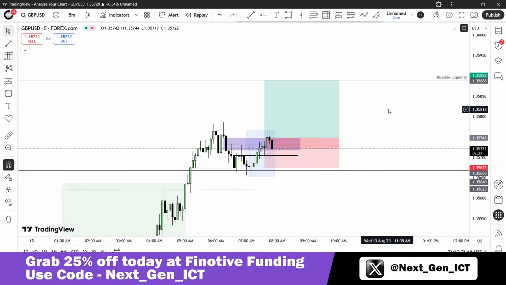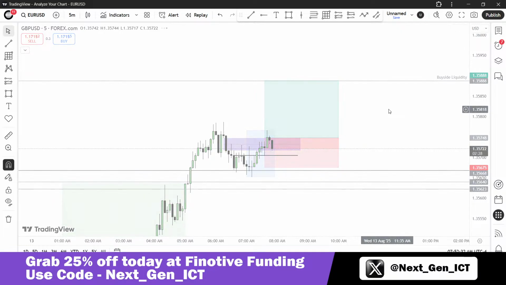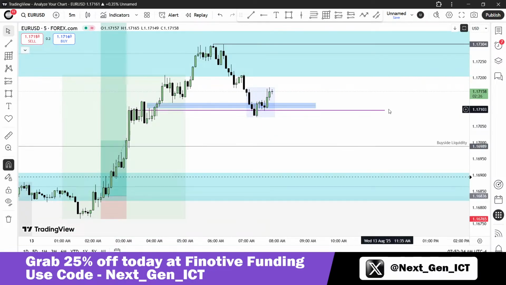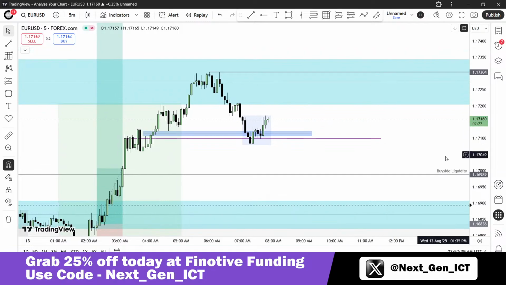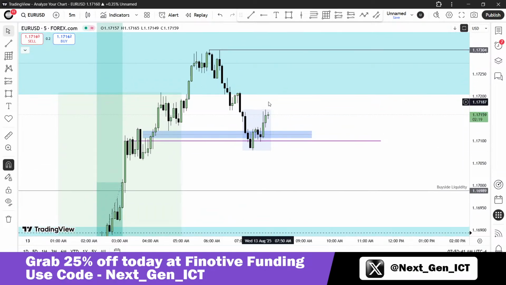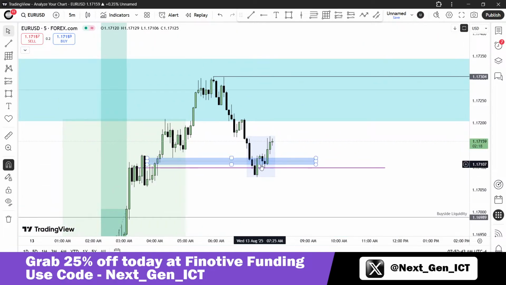ZU also has SMT on 30 minute. Right now I want to say you respect all the bullish PDRs within this price range if it's going to continue higher.